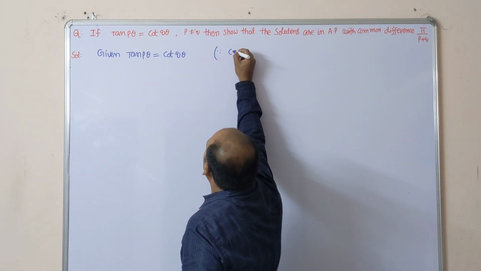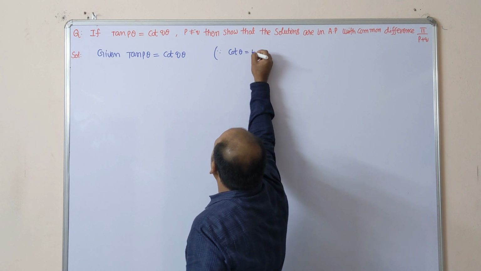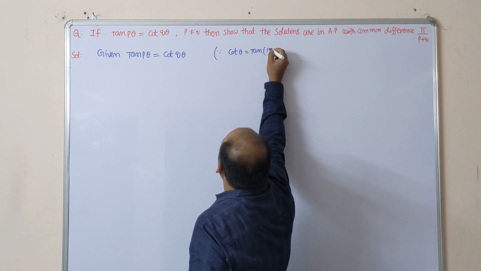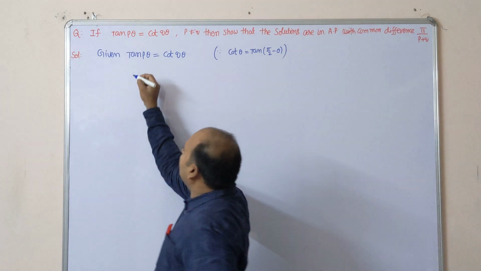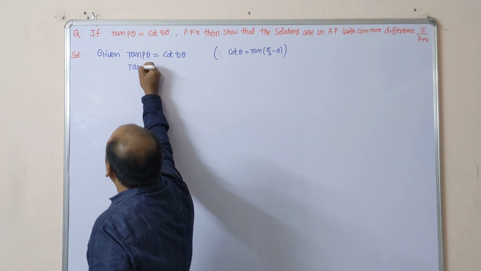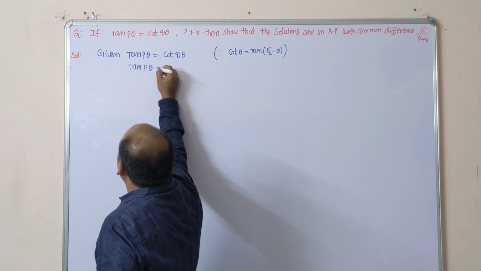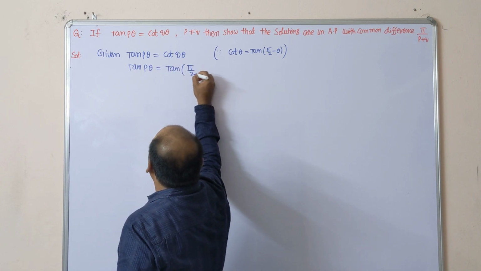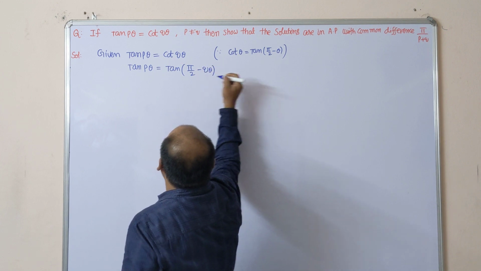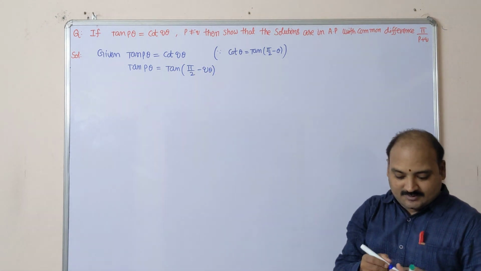As we know, cot theta can be written as tan of pi by 2 minus theta. So tan p theta is equal to tan of pi by 2 minus q theta, by applying this formula, dear students.